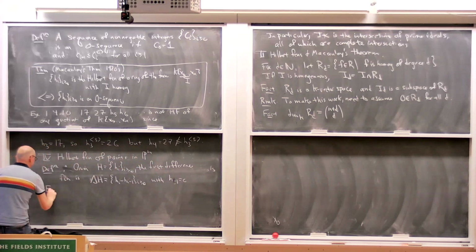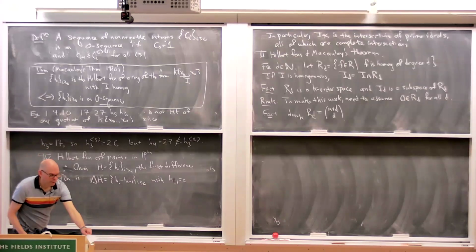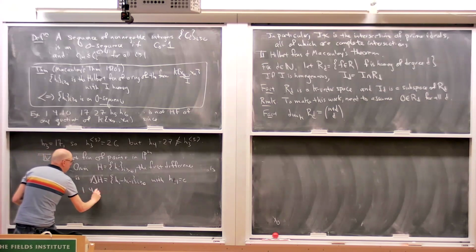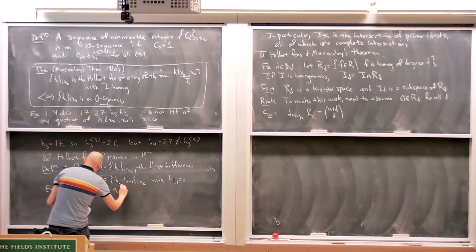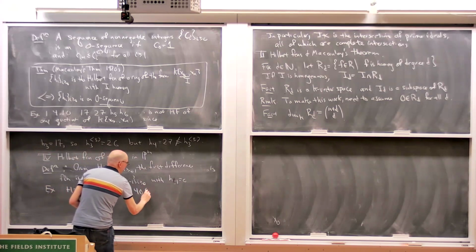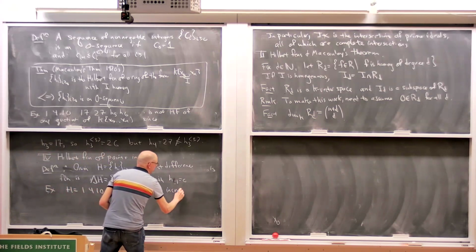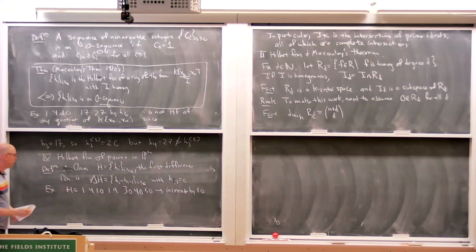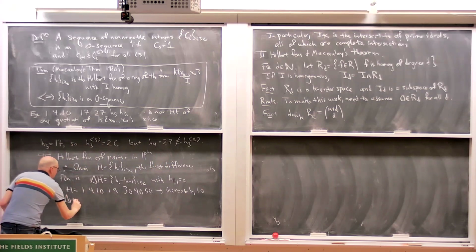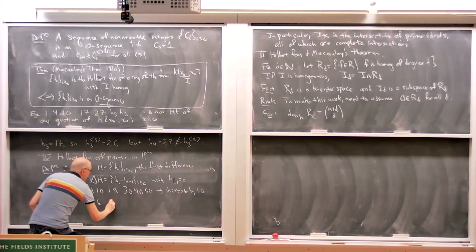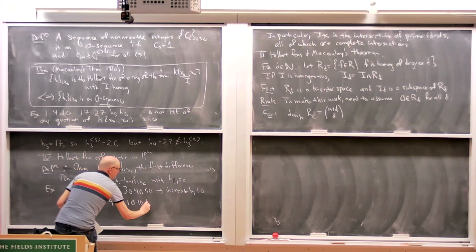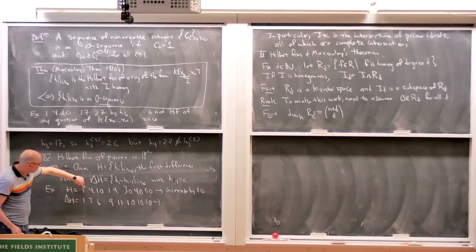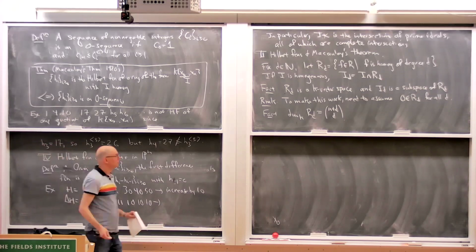As an example, say h is 1, 4, 10, 19, 30, 40, 50, and then it keeps increasing by 10. This is a valid Hilbert function. The first difference function is 1, 3, 6, 9, 11, 10, 10, 10, and so on. I'm just taking the first difference: 1 minus 0, 4 minus 1, 10 minus 4, and so on.